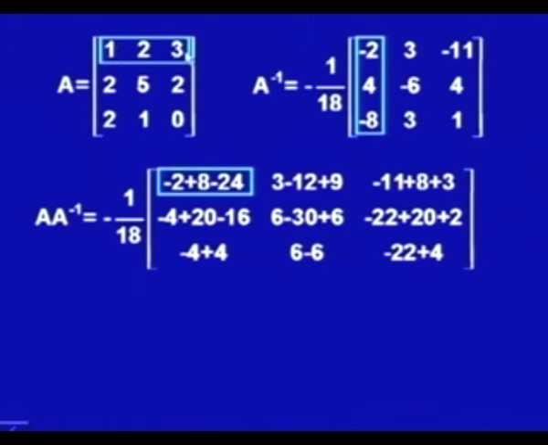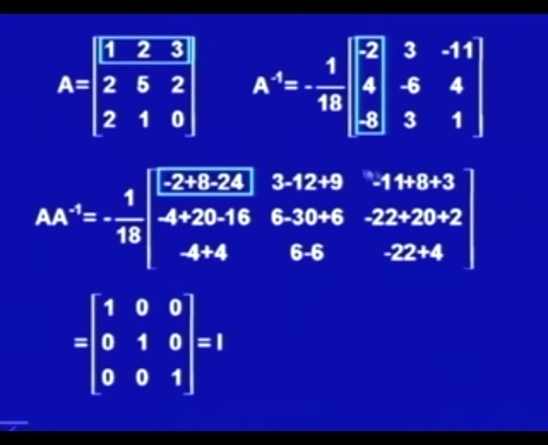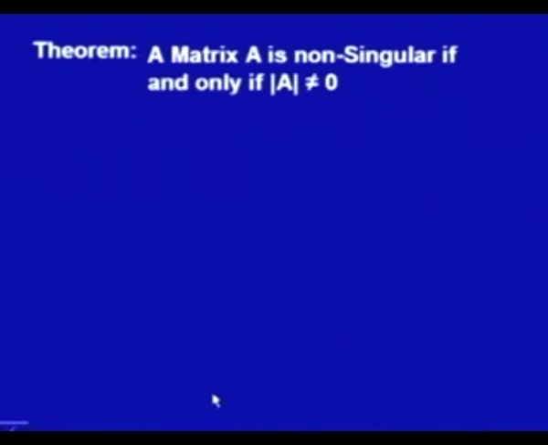If this row is multiplied by this column, we will have minus 2, 8 and minus 24, which comes out to be minus 18. So, the result is 1, and you can similarly calculate the other terms, and this comes out to be an identity matrix of order 3.